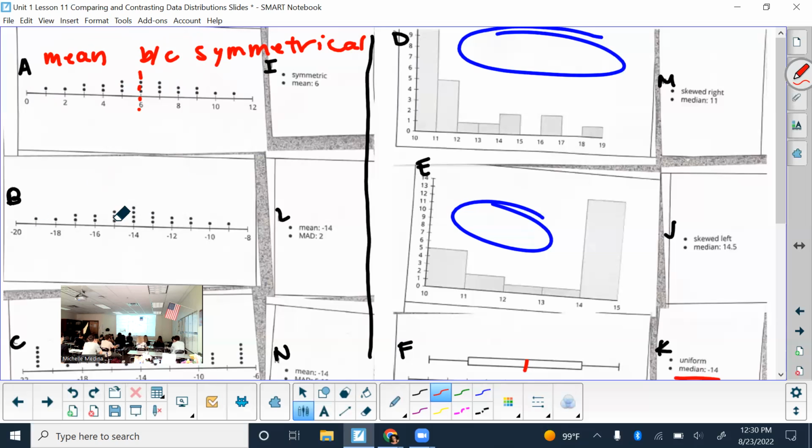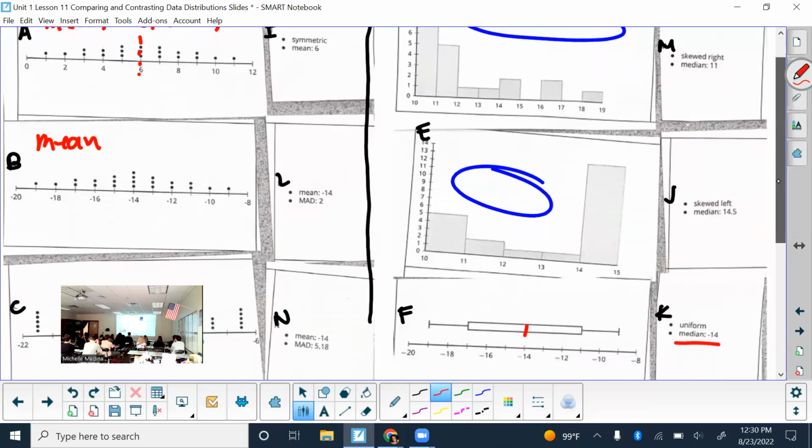What about this one? Is the mean better to use or is the median better to use? Who thinks mean? Who thinks median? All right, looks like we're refusing to vote today. Mean is correct. All right, again, because is it symmetrical? Yes, perfectly symmetrical.